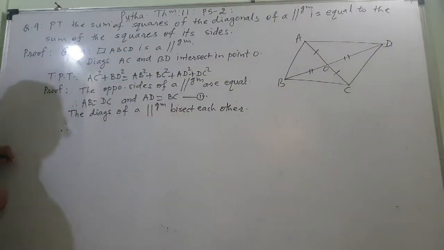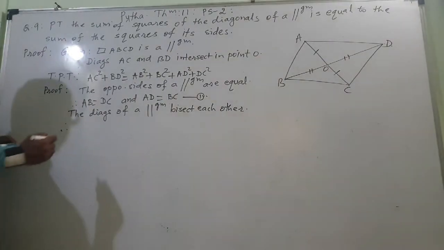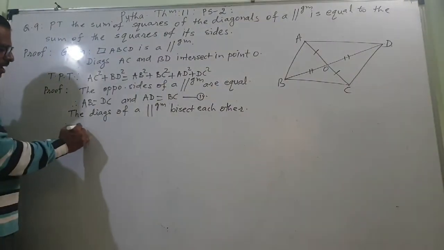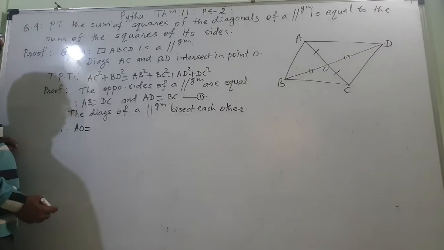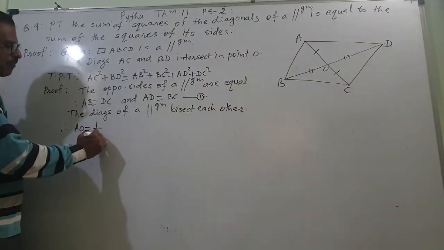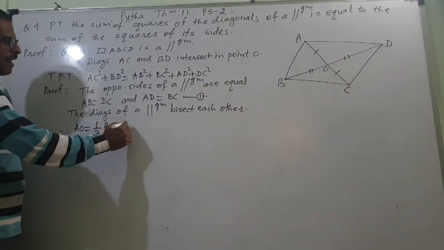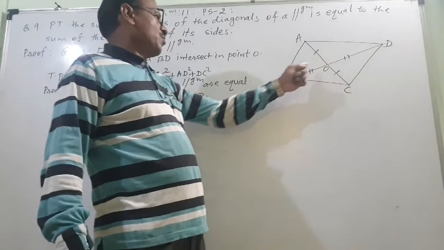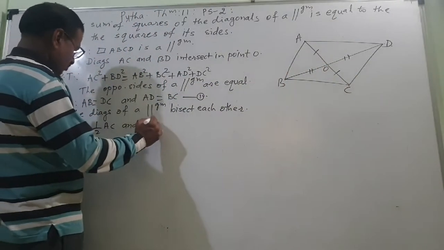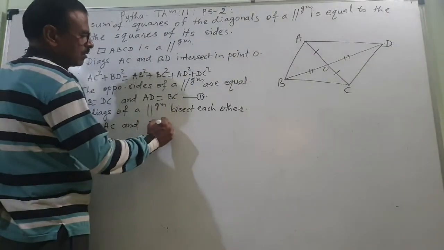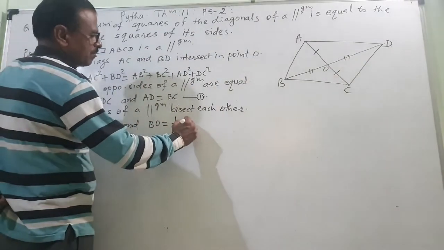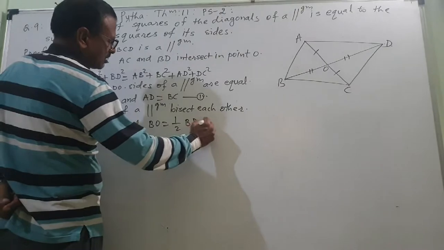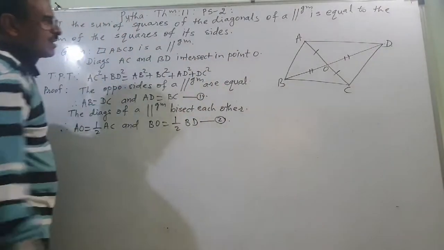Therefore, AO equal to how much? AO or OA is equal to half of AC. And another diagonal is BD. BO equal to half of BD. This is number 2.